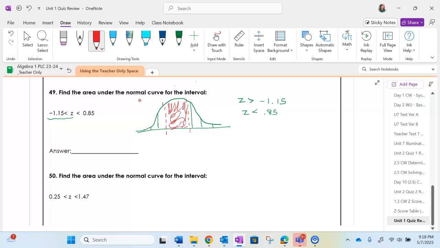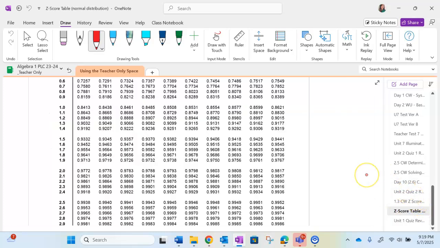That means that I need to figure out, let's first figure out this z-score. So 0.85. I'm going to go to my z-score table and I'm going to go to positive 0.85. So here's 0.8 and then it's 0, 1, 2, 3, 4, 5.